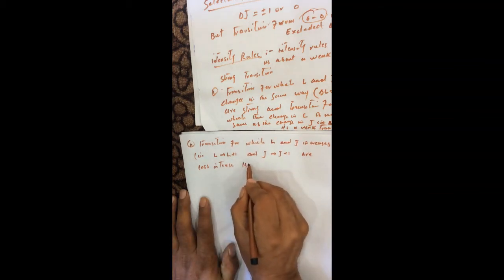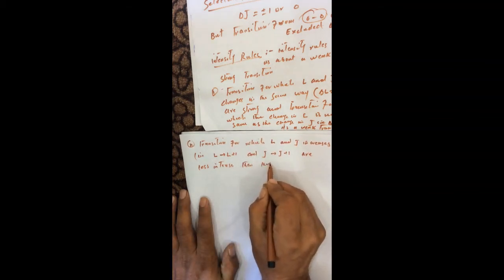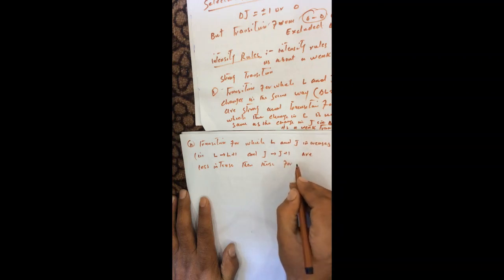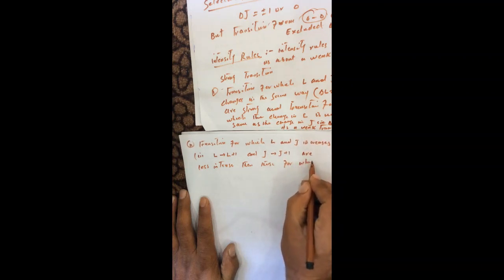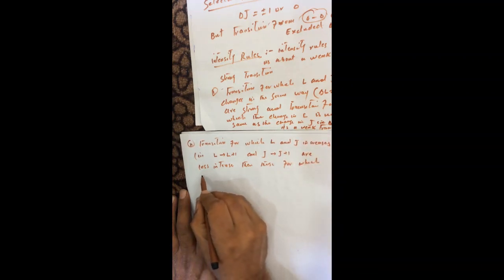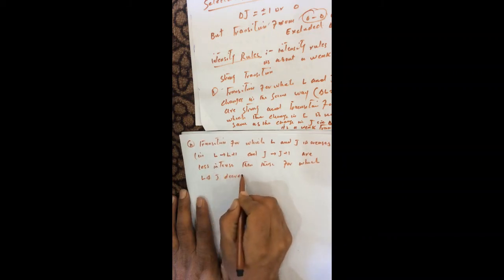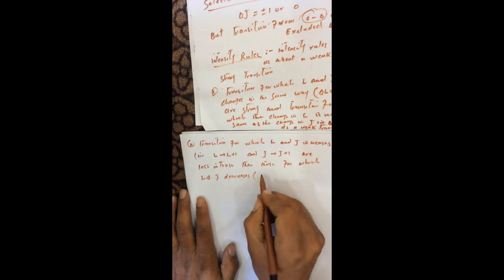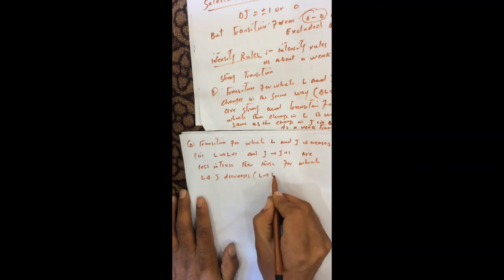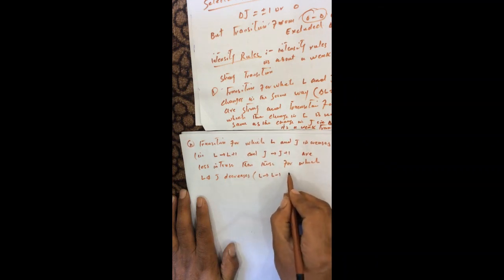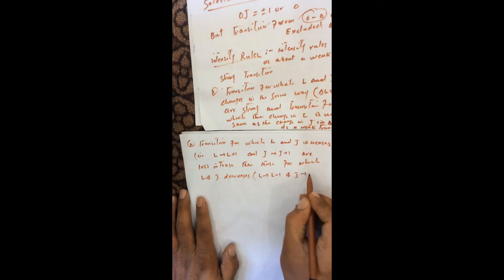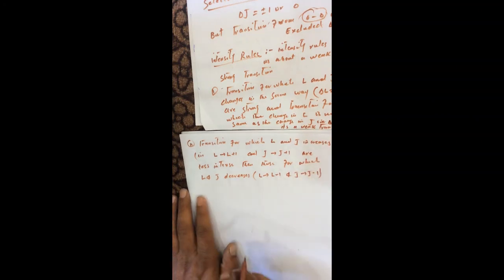Then those for which L and J decrease, that is L goes to L minus 1 and J goes to J minus 1, are also less intense.